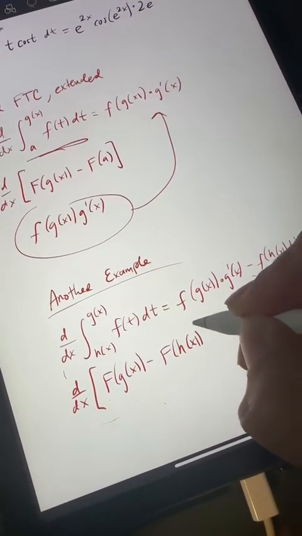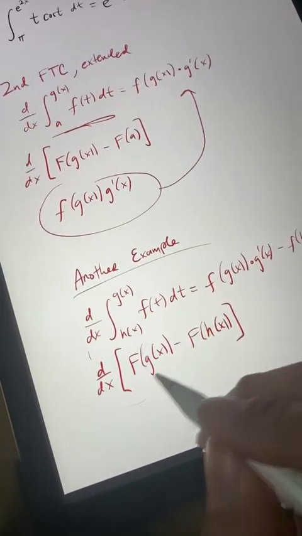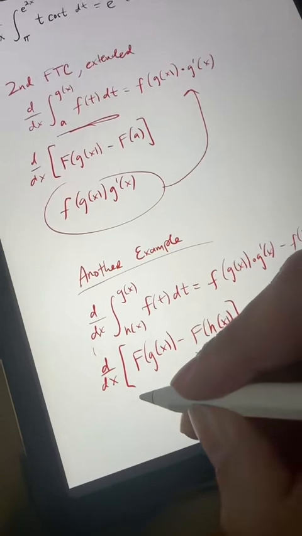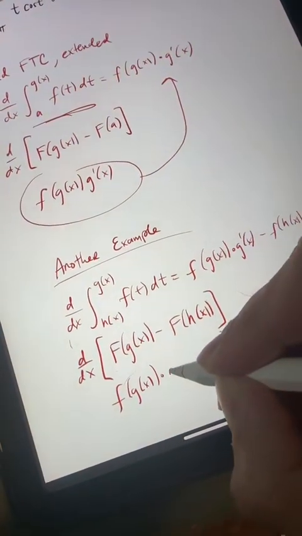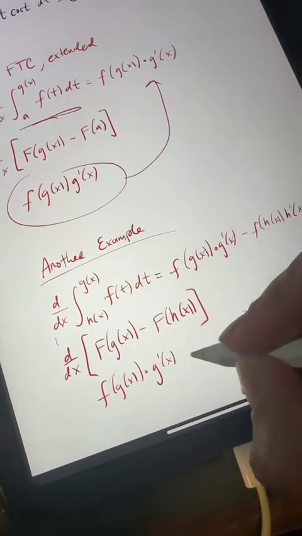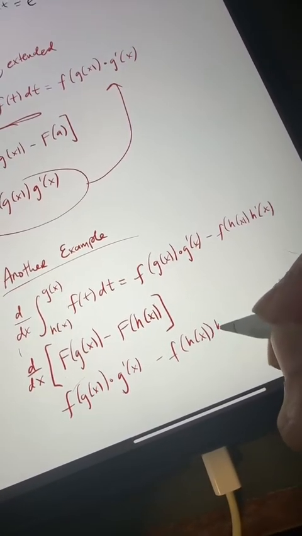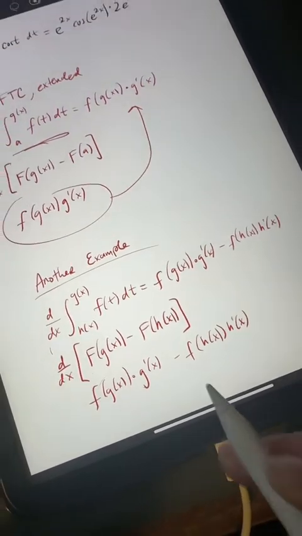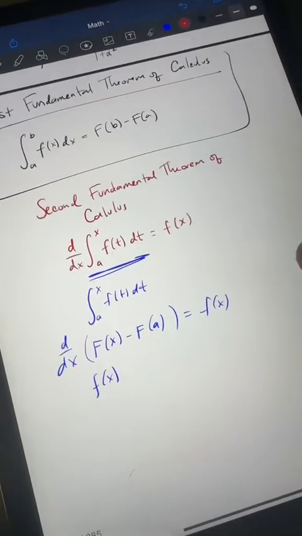But then, of course, we're going to take the derivative of this, which is a sum and difference rule, but we're doing chain rule for every single one. This is going to be f composite g times the derivative of what's inside, which is g prime of x, minus f composite h times the derivative of what's inside, which is h prime of x. And that is another example of the second fundamental theorem of calculus. Hope that helps.